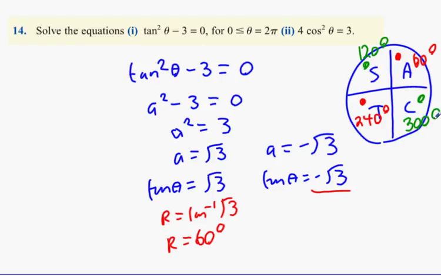It's fish in a barrel, isn't it? And then, if you're wondering about the other one here, cos squared theta equals 3 over 4. All you have to do is change cos into a letter of your choosing. X squared equals 3 over 4. Square root of 3 over 4. What do you get?